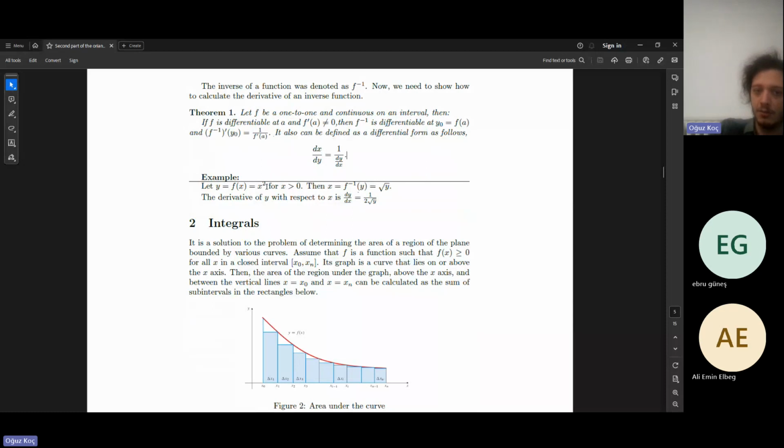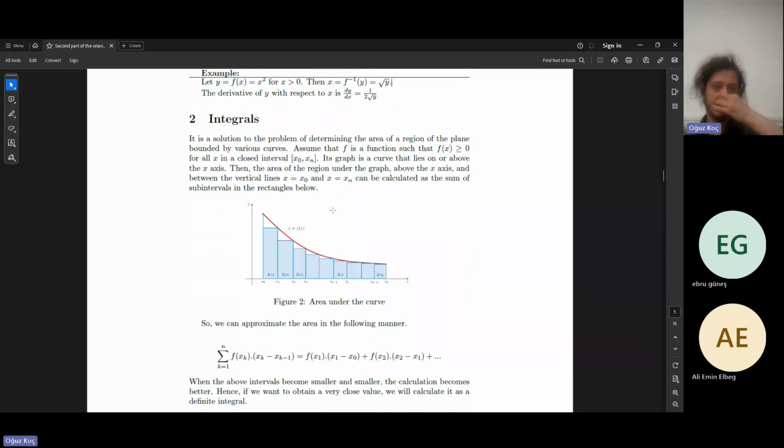When you take the inverse of the function x squared, you get the square root of y. Taking the derivative with this formula gives 1 over the derivative of the function, which is 1 over 2 times the square root of y.